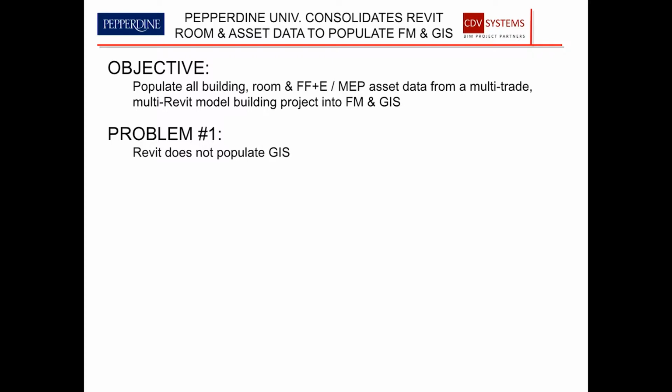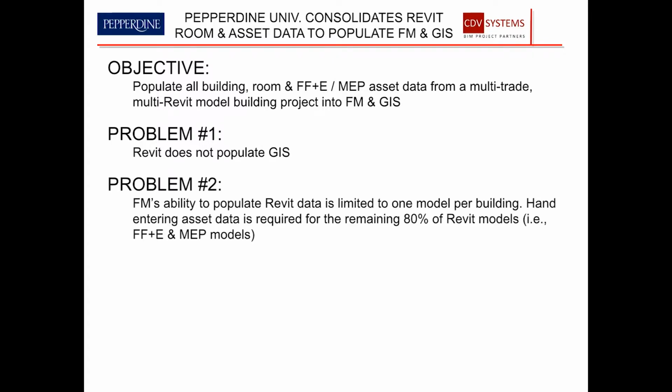It doesn't do that. Secondly, there are some FM tools where you can take, let's say WebTMA, which is what Pepperdine is using, and link WebTMA as an FM software to a Revit model. Normally in a project, you've got 8 Revit models: the architectural, structural, mechanical, plumbing, electrical, fire protection, storm drainage, equipment, furniture, medical equipment perhaps if you're doing a hospital.